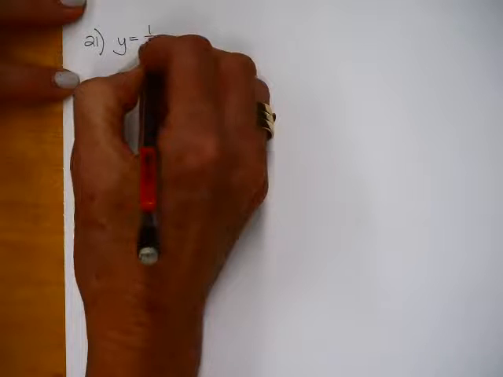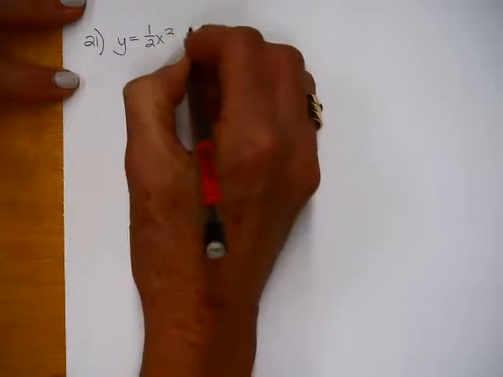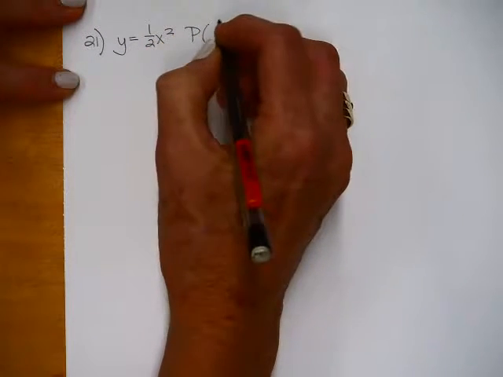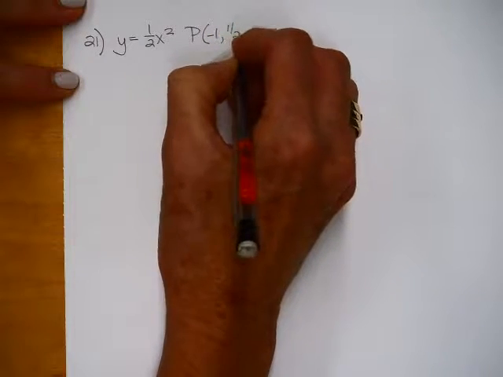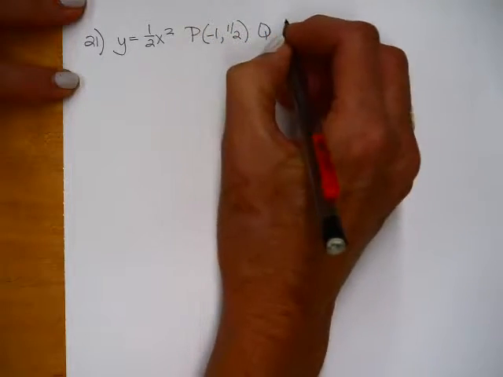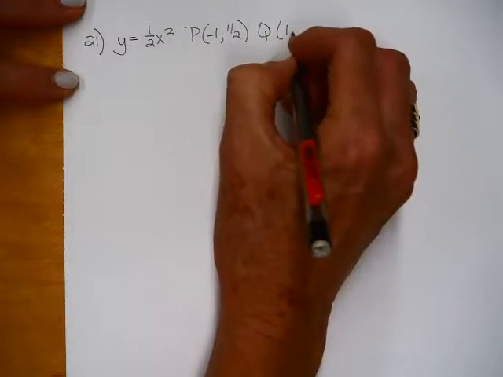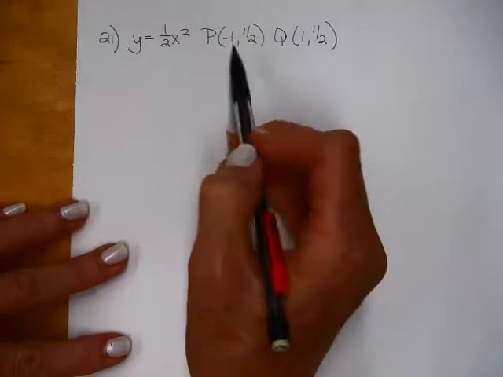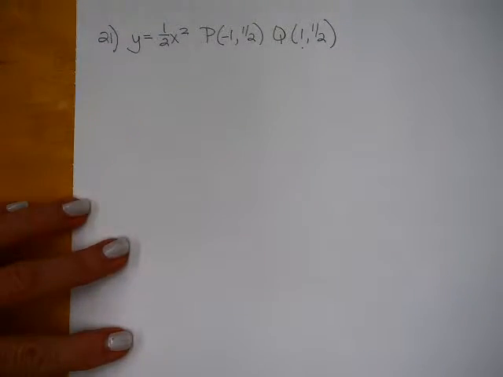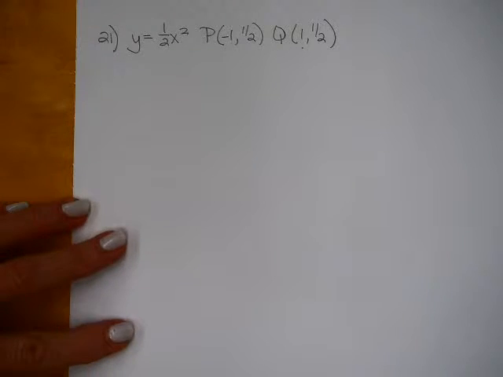Y is equal to 1/2 x squared. They want the length of the curve from the point P, -1, 1/2, to the point Q, which is 1, 1/2. They want the length from P to Q. These are ordered pairs this time. All right, so what would be my first step?